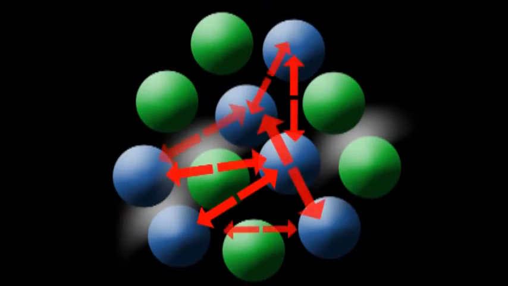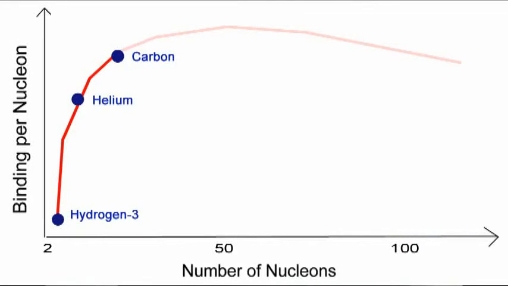Also, another fact that we need to take into account is that as the nuclei get bigger and bigger, they contain more and more protons. And as you know, protons repel each other, which counteracts the attraction due to the strong force between the nucleons. And once this effect becomes significant enough, the energy that can be released from fusing nuclei together actually becomes zero.